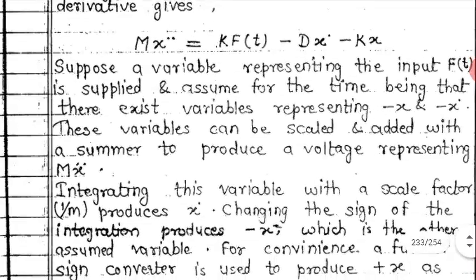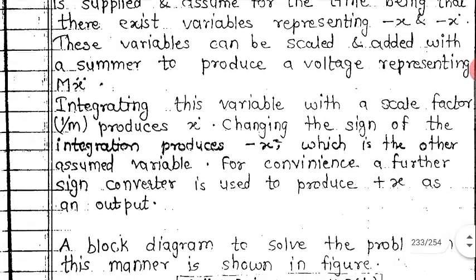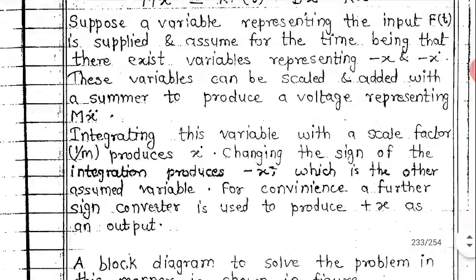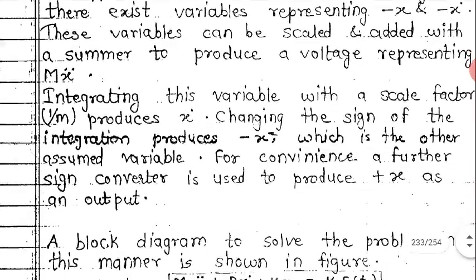Suppose we have the representation in terms of input f of t, then we can assume that there exists a variable representing minus x and minus x dot. This variable can be scaled and added with the summer, which we have seen in our analog computers, the summer to produce the voltage representing m x double dot.